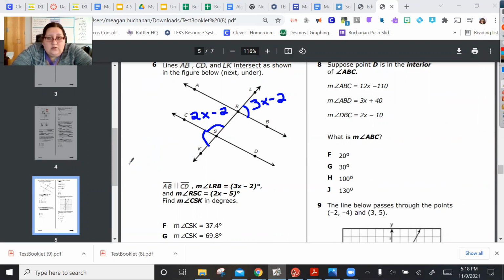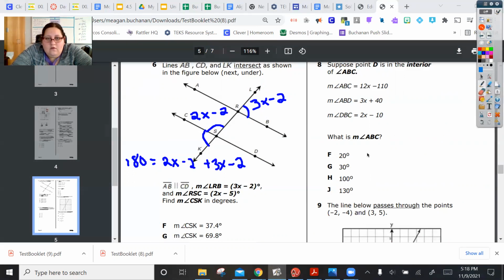So our equation is 180 equals 2x minus 2 plus 3x minus 2. So, and I said minus 2, one of these should be a minus 5. Let's see.